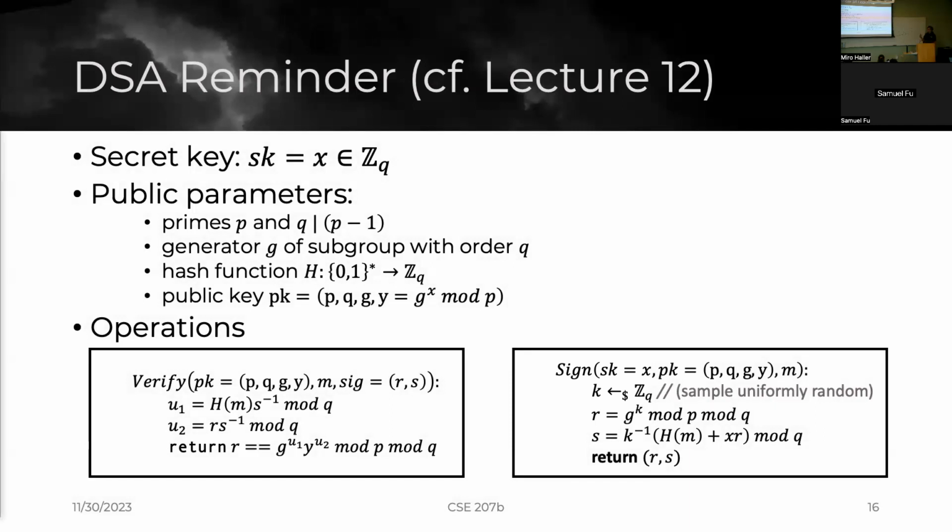But if you know this value K, then you could also compute the secret that is used to sign things. So it's very important that this K is thrown away and not recoverable.